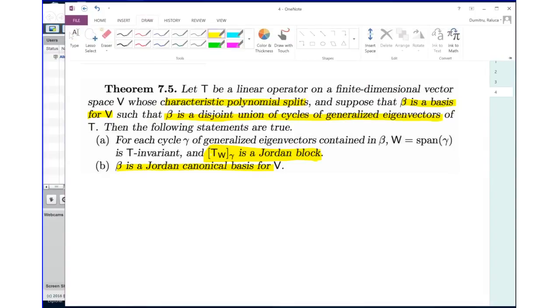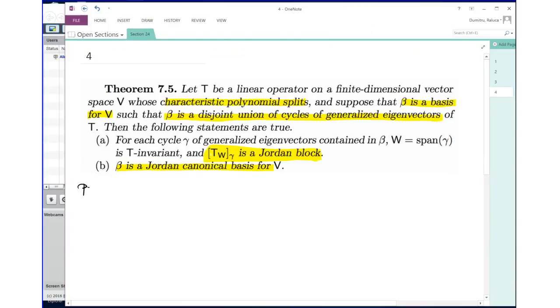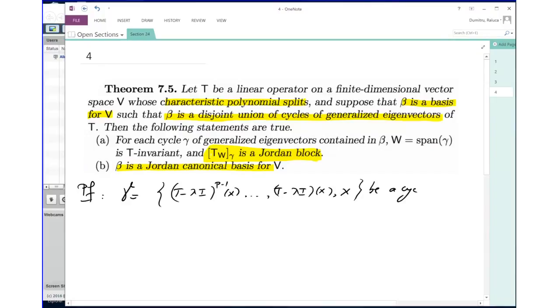So here's the idea why everything works like they say. If I just take a cycle of generalized eigenvectors, let's say one of length p, and when I write this, I automatically mean that the next power, the p power of x, will give you 0.